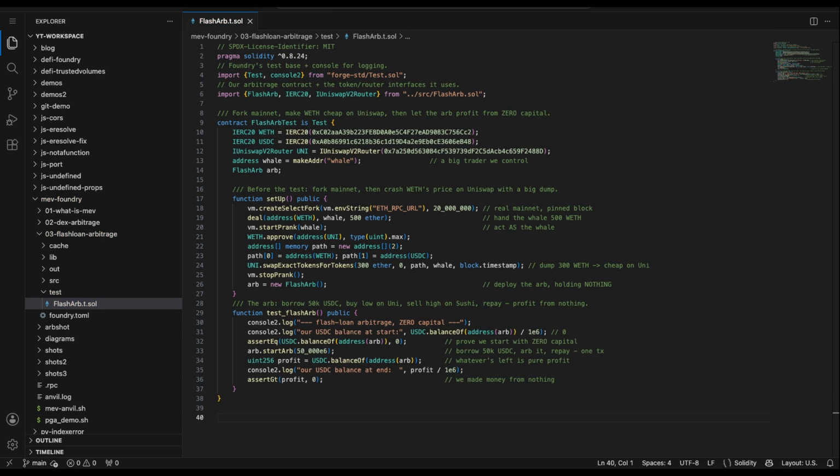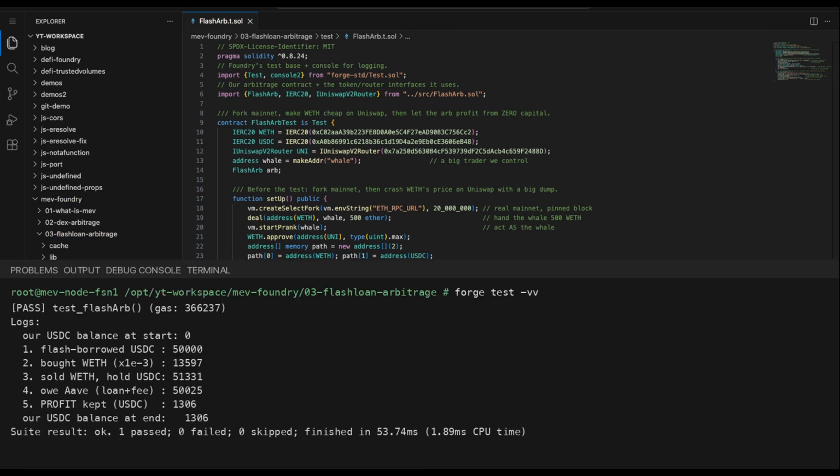Let's run it and read the ledger of our contract printed line by line. We start with $0. Then inside one single transaction, step 1, we flash borrow 50,000 USDC, and there it is on our balance. Step 2, we spend all of it buying WETH on Uniswap, about 13.5 coins.